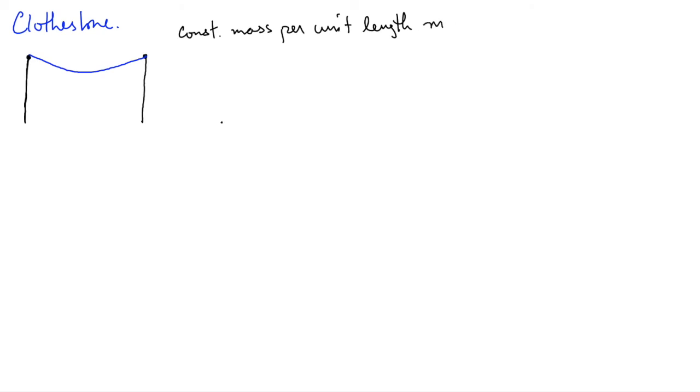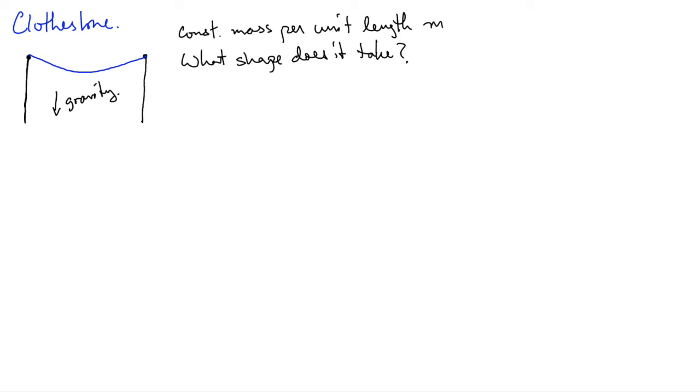We might normally call it lambda, but I don't want to confuse people with too many lambdas. And it's feeling gravity. So gravity's pulling it downward, tension is pulling it upward. And so the question is, what is its shape?